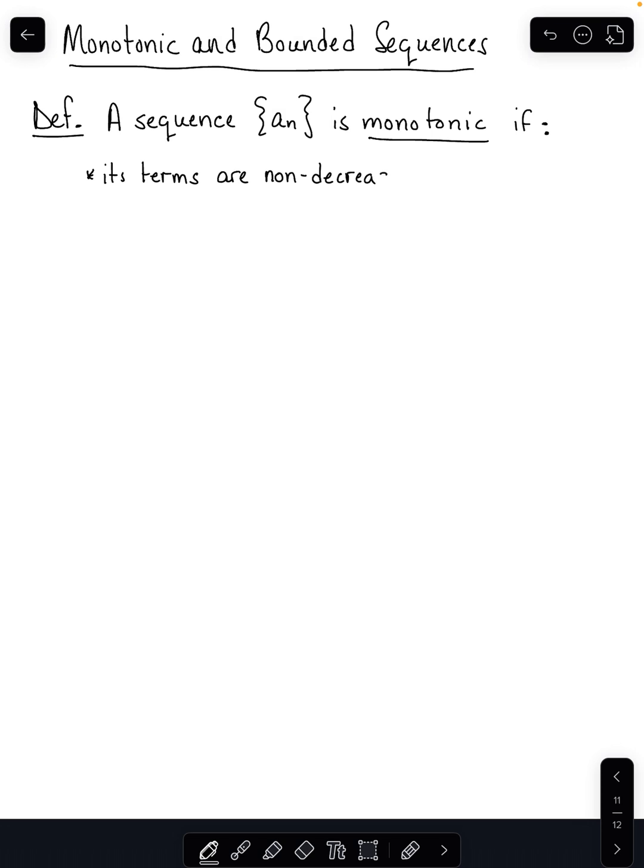Non-decreasing sounds weird. Why not just say increasing? Well, it's like saying positive and negative. Neither one of them includes 0. So saying something is positive is different than saying it is non-negative. Non-decreasing doesn't mean it has to be increasing, it just means it has to not be getting any smaller.